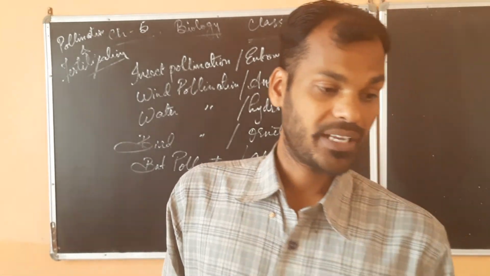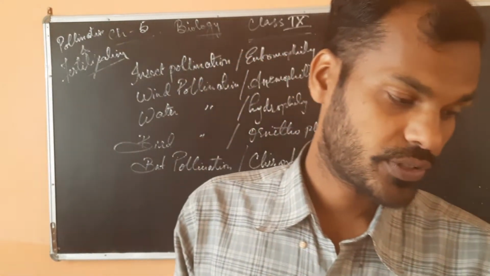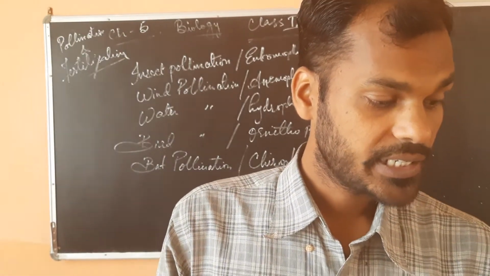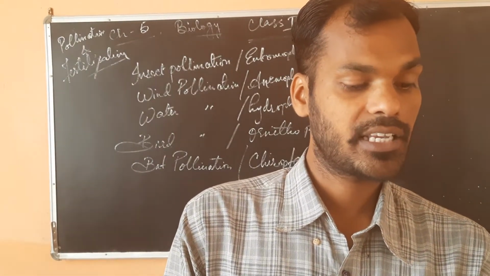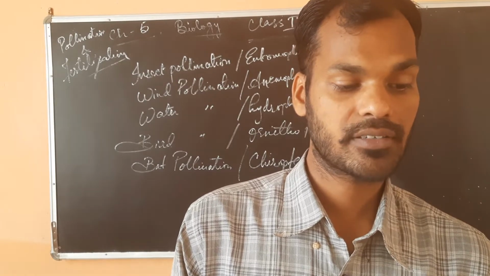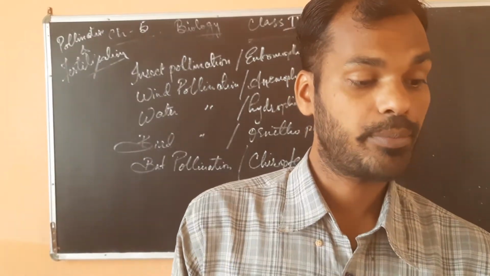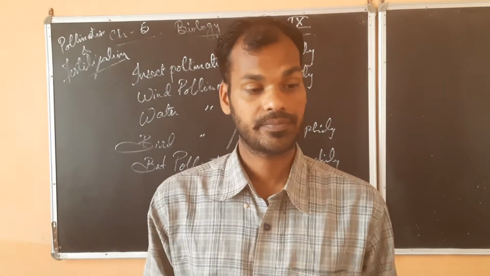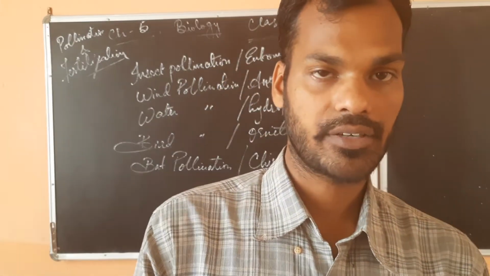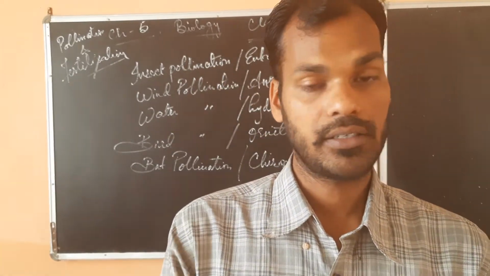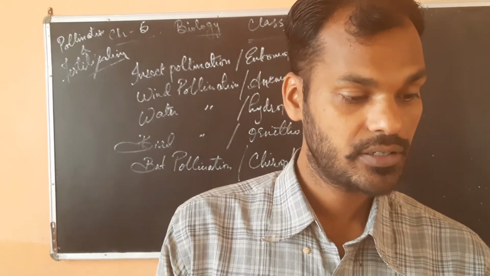Then some examples of pollination. For insect pollination, here it is given of salvia and maize, where you can see the pollination is by insects. In the case of salvia there are different conditions we have discussed.